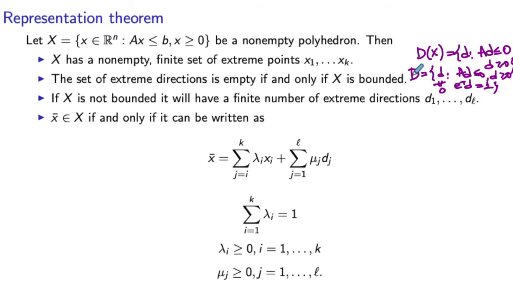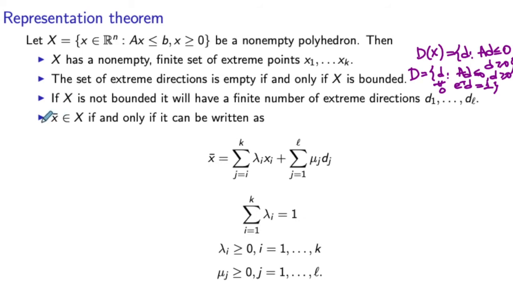Again, looking at this polyhedral set D here, we know that all the extreme points of this polyhedral set correspond to the extreme directions of the set X. And this correspondence is one to one. Therefore, because we have a finite number of extreme points for this set, we will have a finite number of extreme directions for X. Alright, so this establishes the third statement.